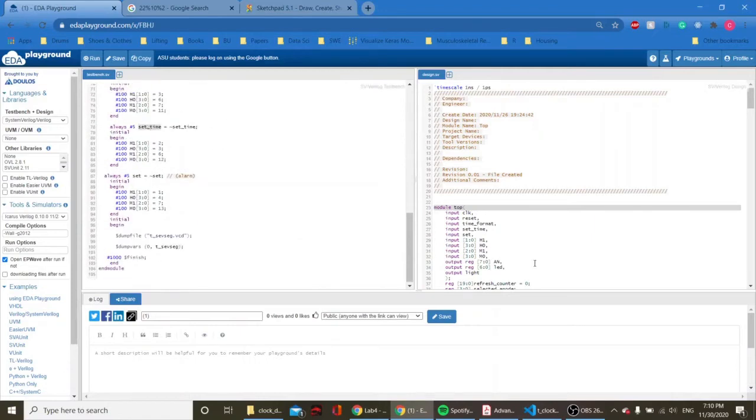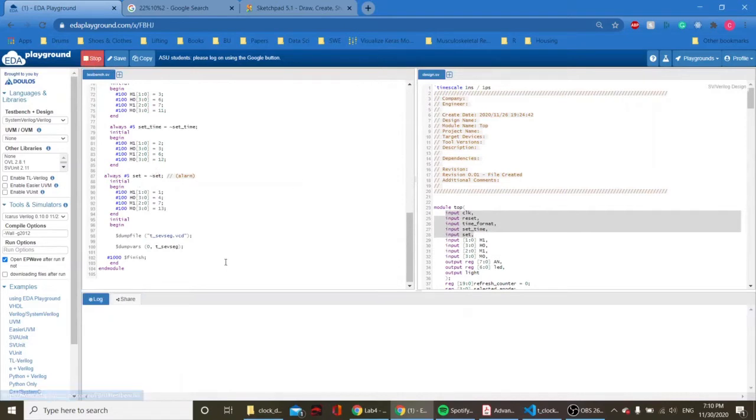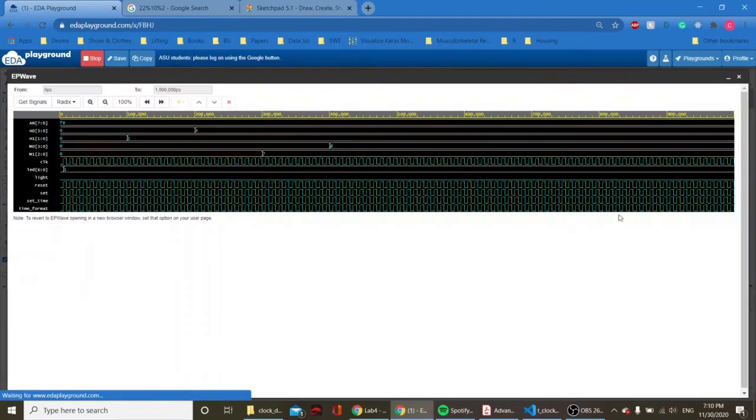And all the inputs, like these ones, are all just set to oscillate. So that's what that looks like. You can see the integers being placed.